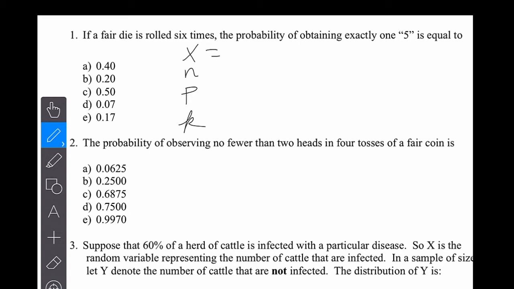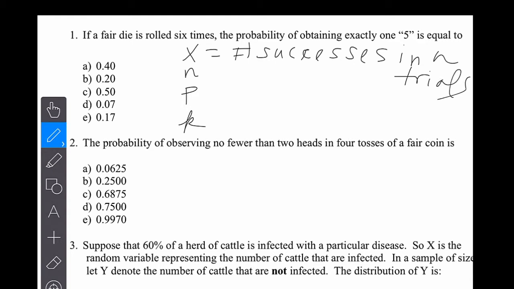X is the number of successes. So if you can identify what the success is, then you're on your way.